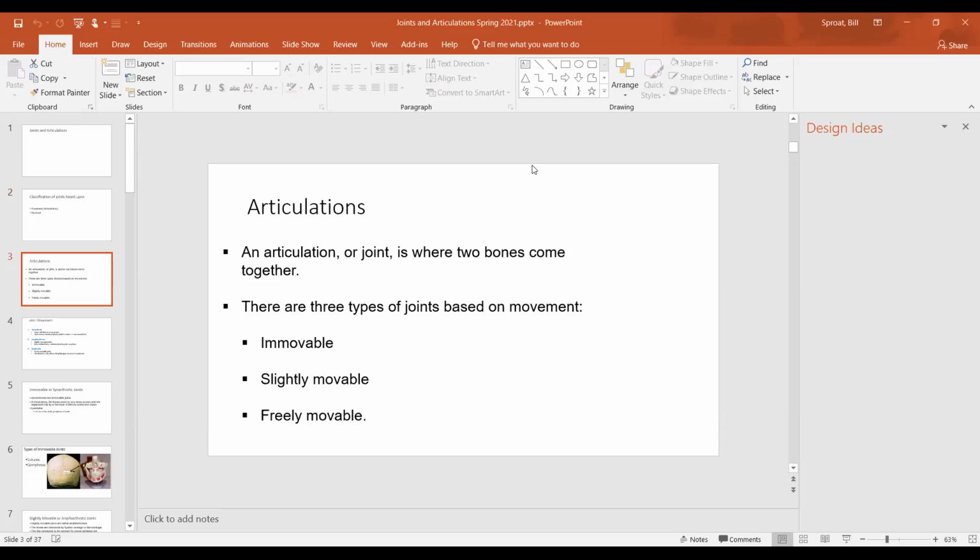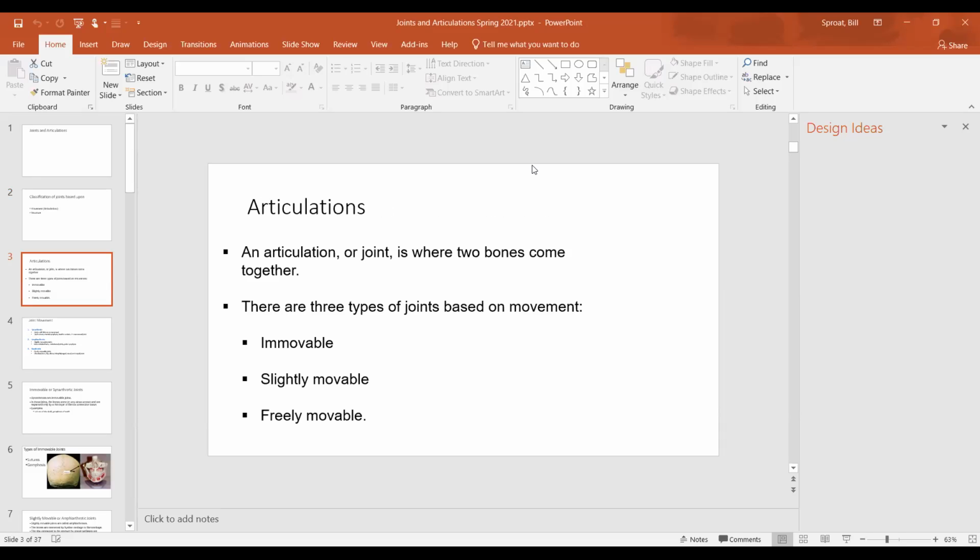Now, we know that an articulation is where two or more bones come together. And we have three types of joints based on movement, or rather, articulation. Articulation and movement mean the same thing.